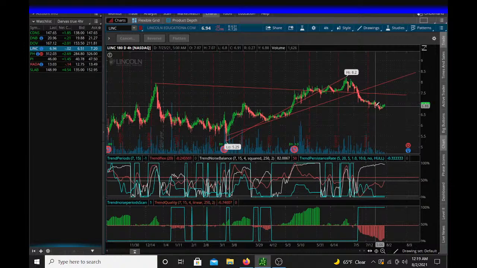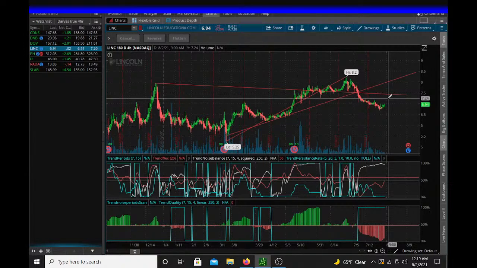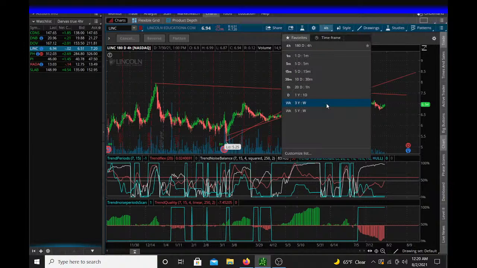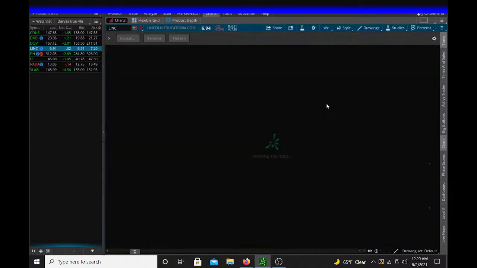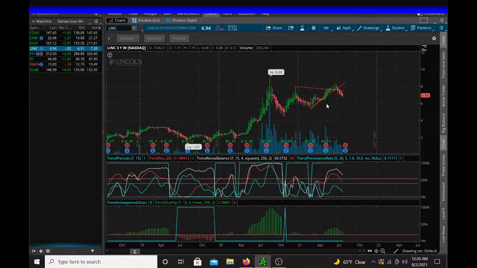I think this is in a bit of a corrective move here. I don't know that I want to play with it. Let's check this out on the weekly. Yeah, it is in a corrective move. It's pushing down. Okay. Let's see if it finds the bottom of that corrective move and starts to trend back up on the weekly, but it needs to look a little better.